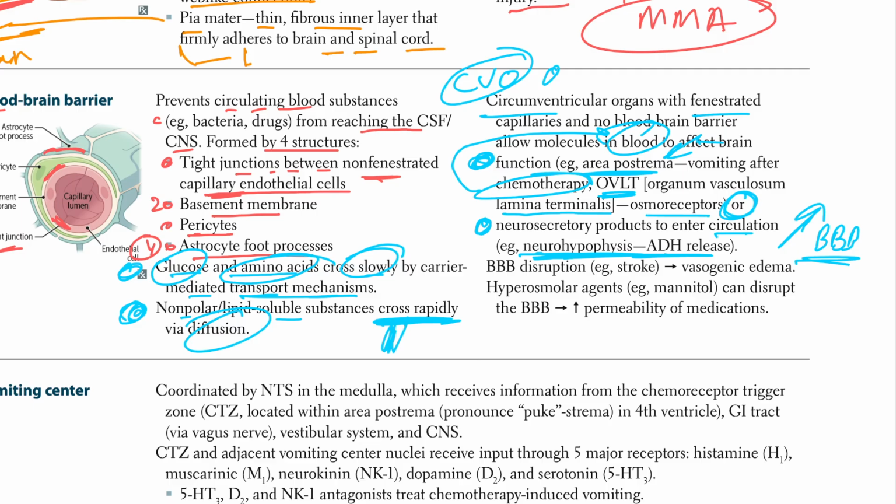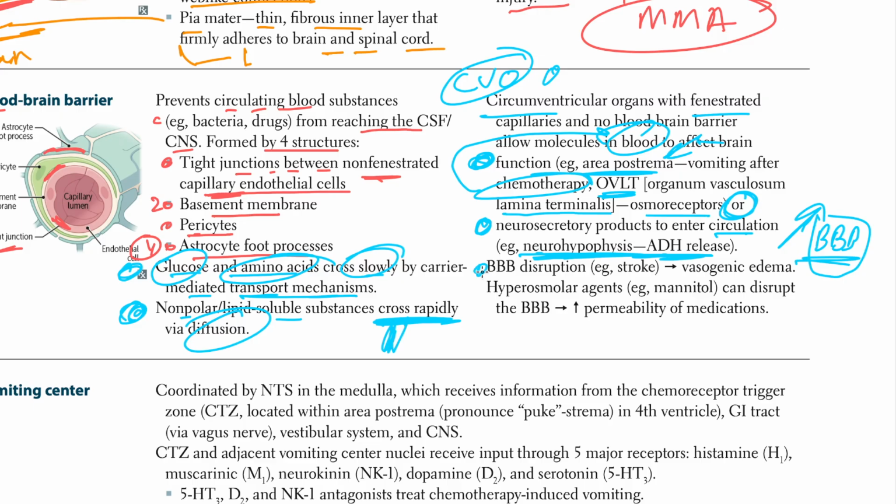That's why it detects the volume levels and the sodium levels when we don't have a BBB, and that causes the release of ADH. I think it's called the hypophyseal portal circulation, but we will talk about that in endocrine.